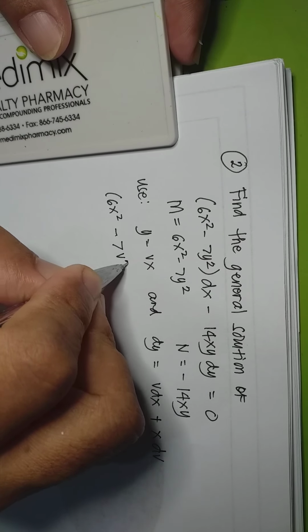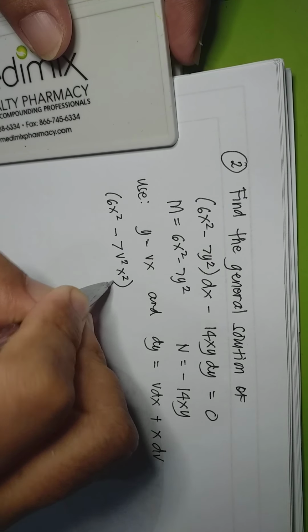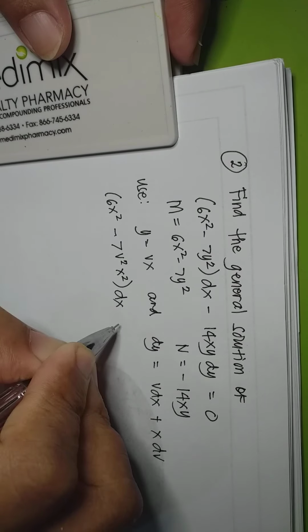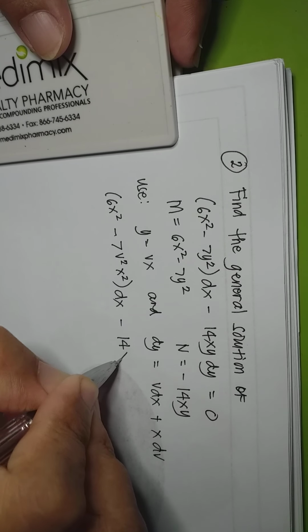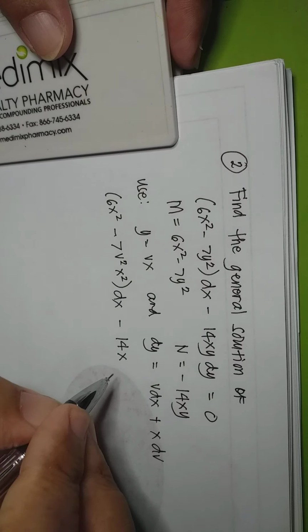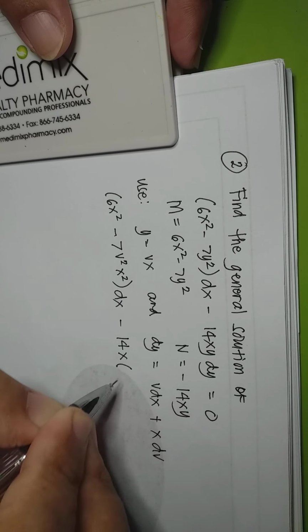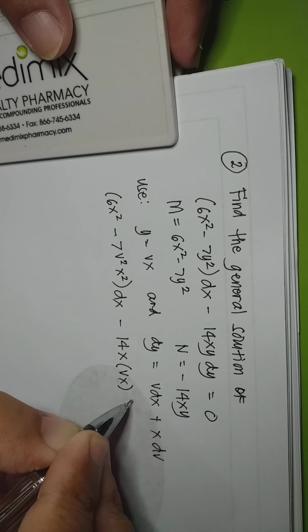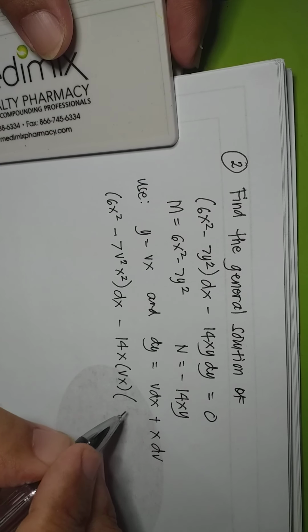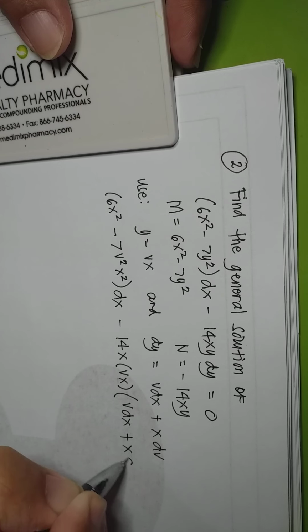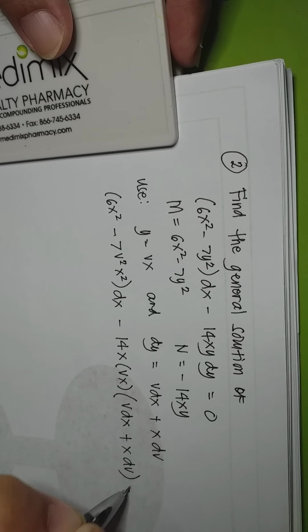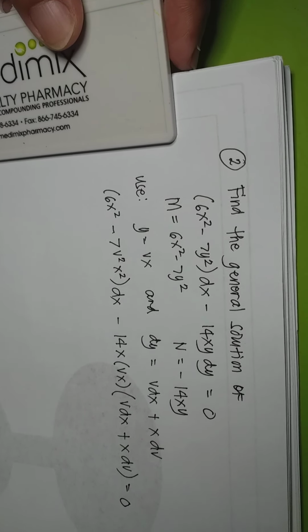Therefore, we have v squared x squared dx minus 14x times y, but y is vx again, times dy, which is equal to v dx plus x dv, and that is equal to 0.